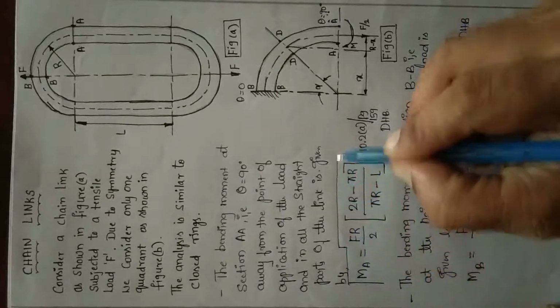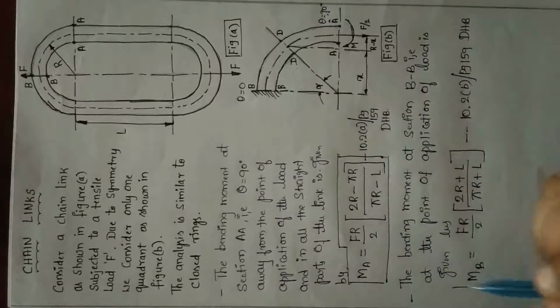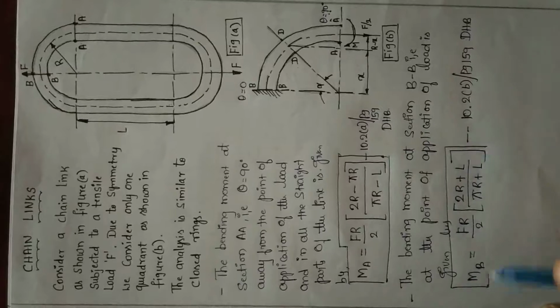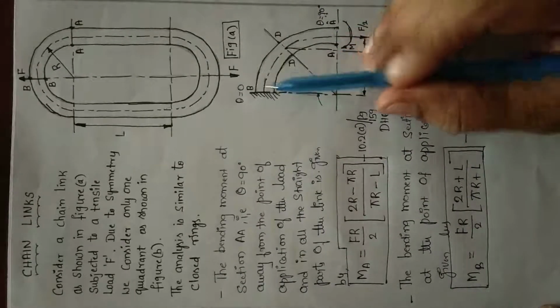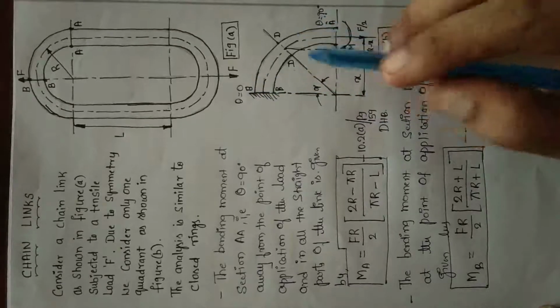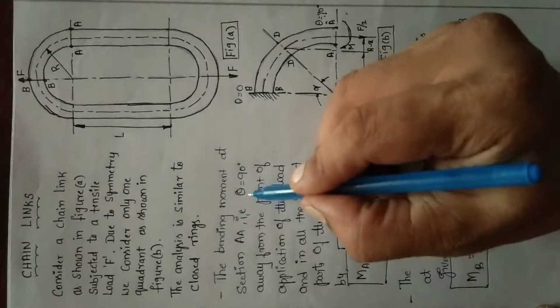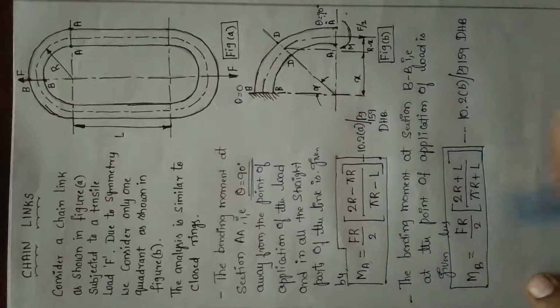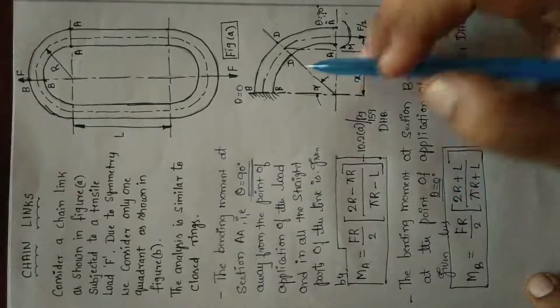What will be the moment for the chain link? The moment at theta equal to 0 and theta equal to 90 degrees. Here I have specified section AA and section BB. Please try to remember: this formula is for theta equal to 90 degrees, and this formula is for theta equal to 0 degrees, where there is application of load.